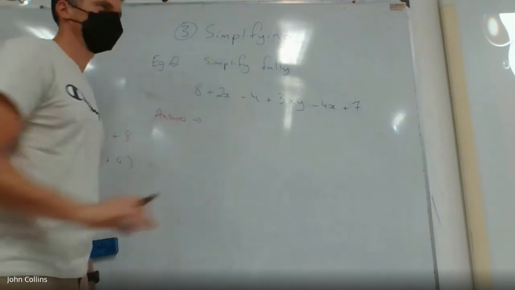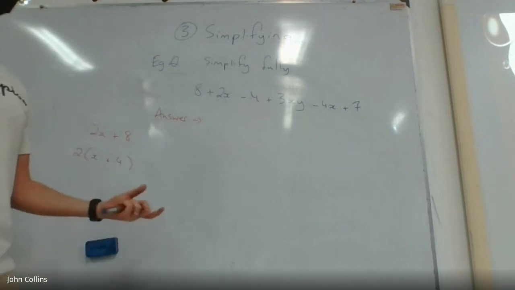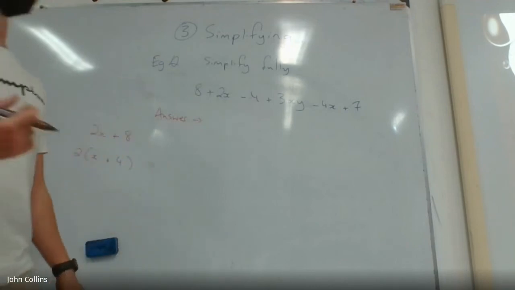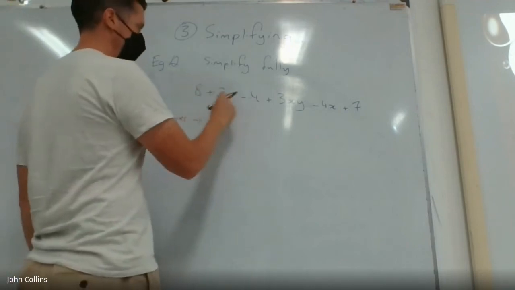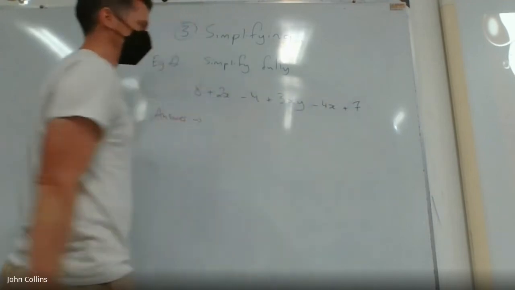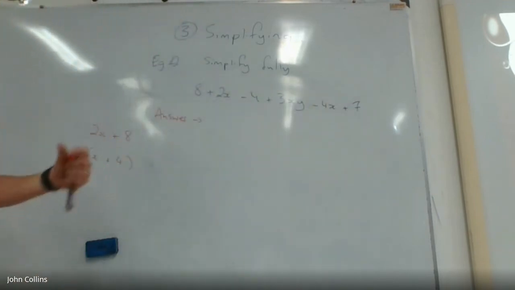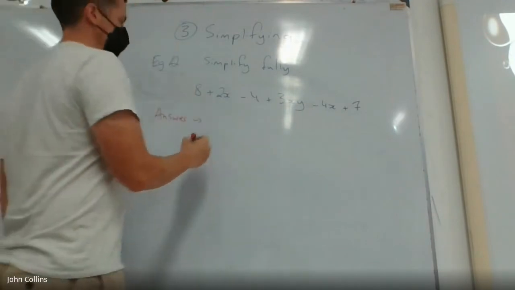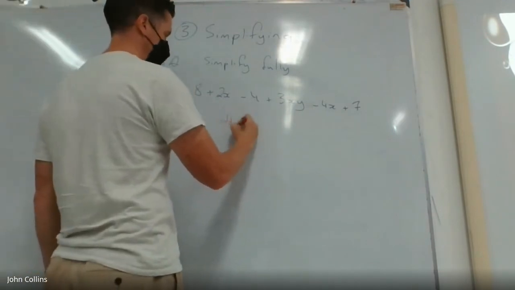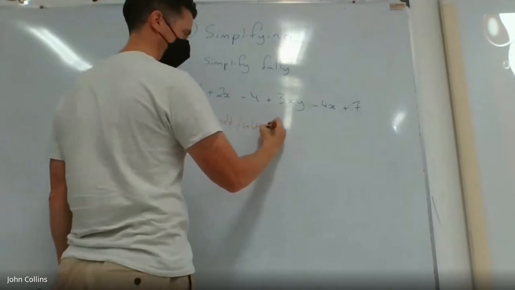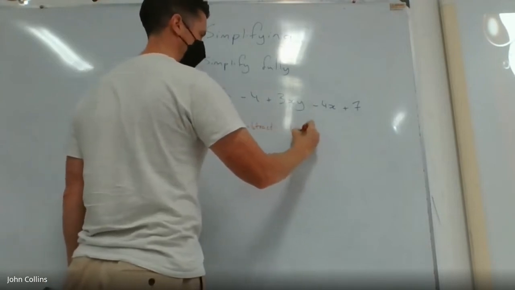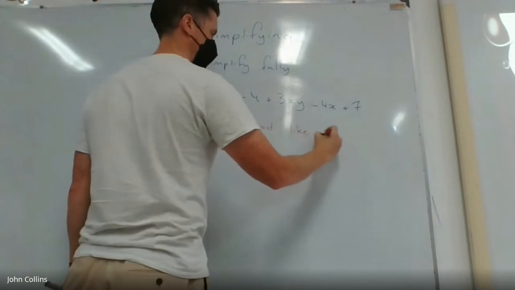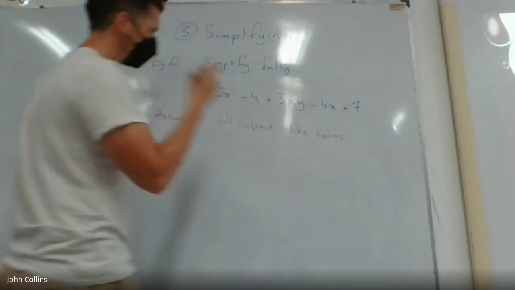I may say tidy it up, but simplify it is the right word. At the moment, there's 1, 2, 3, 4, 5, 6 terms. Some of those terms can be combined, added, or subtracted. So add or subtract, depending on the sign, like terms, ones that can be put together.